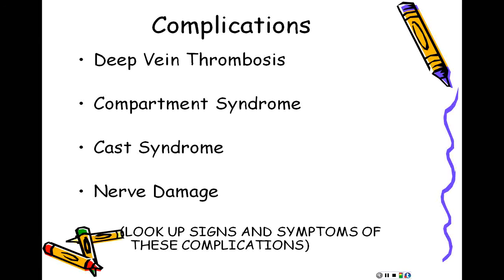As a result, you have increased swelling in the area where the person has that fracture, and because of that swelling, the person has more pressure on the blood vessels.